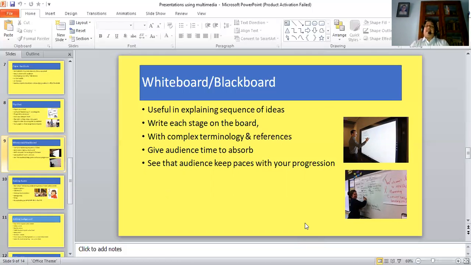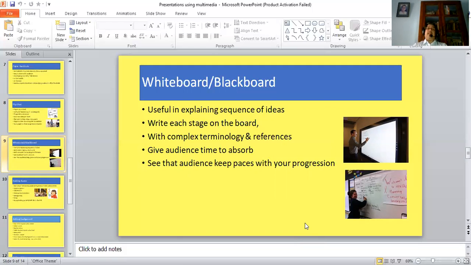Also, if you have complex terminology and references, then it is easier for you to write down, let us say, the pronunciation, or to give examples or illustrations on the board. Basically, they give the audience a bit of time to absorb the points, and there's visual highlighting of the points which you put up on the board.